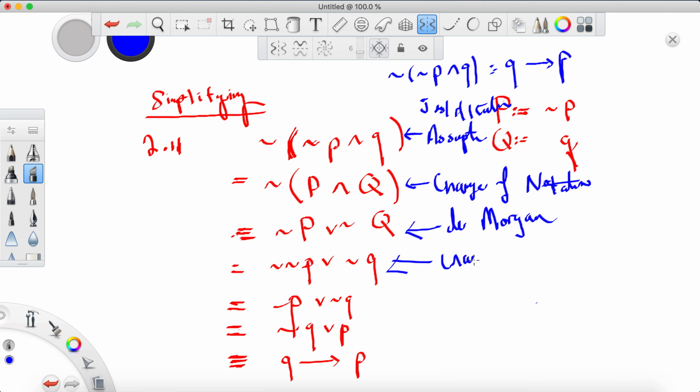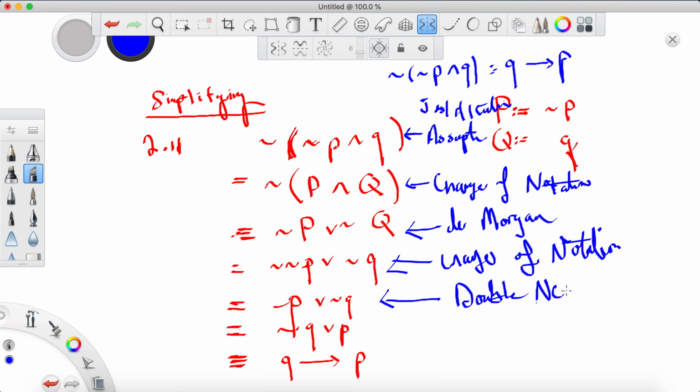So change of notation again. This right here is double negation. This is where you drop your two negations. This little tail on that p, that's just how I write my p. This is the commutativity.